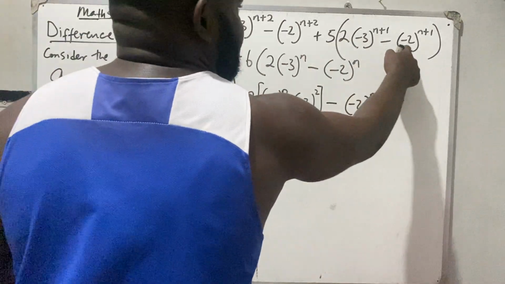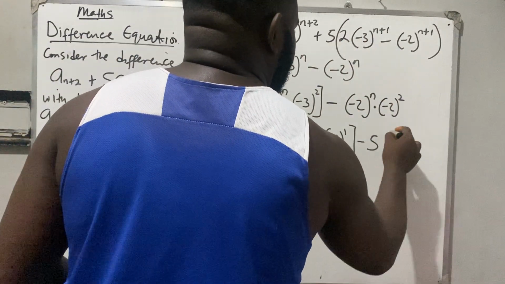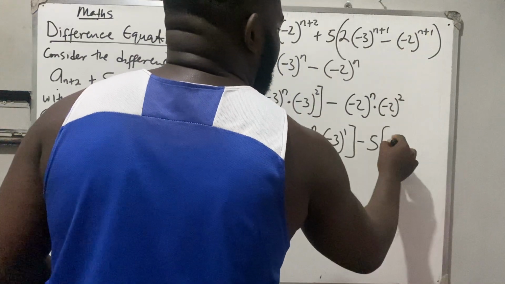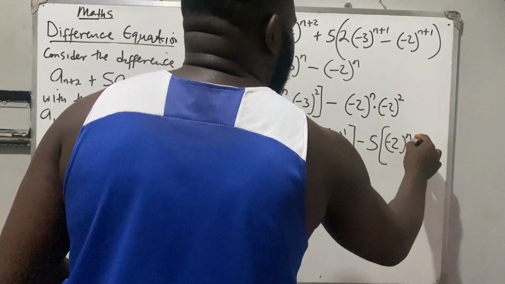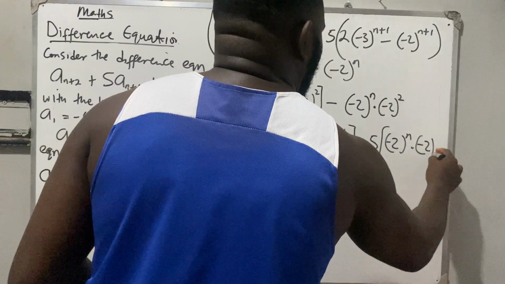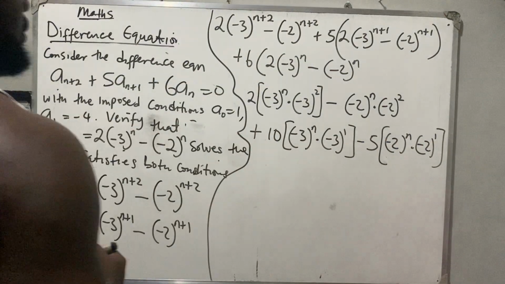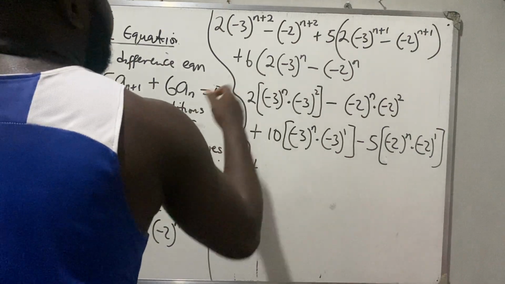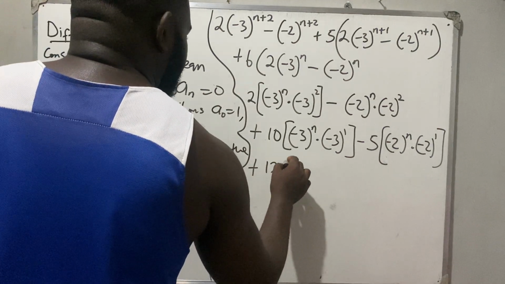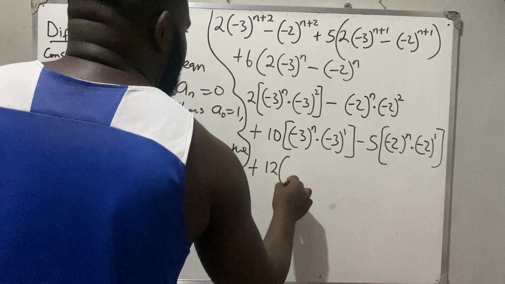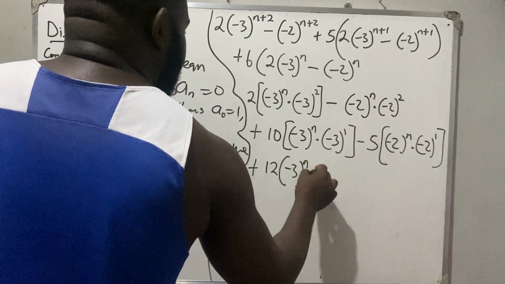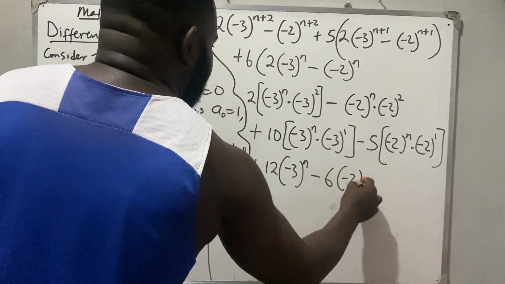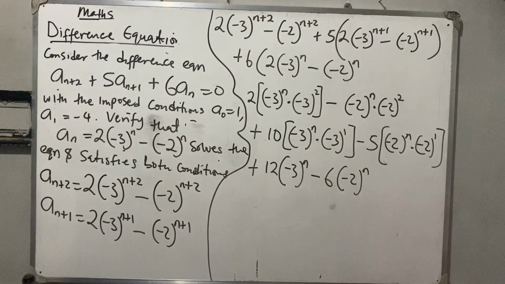Then 5 times these will have minus 5 into, again, split this one to be minus 2 raised to power n multiplied by minus 2 raised to power 1. Okay? So plus again. This time is to give you 12. So I'm having 12 into minus 3 raised to power n, then minus 6 into minus 2 raised to power n.